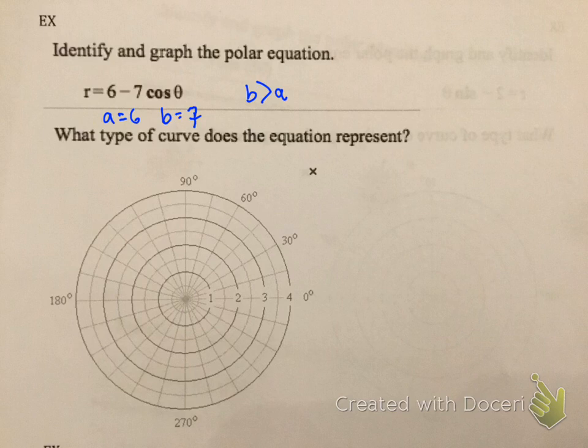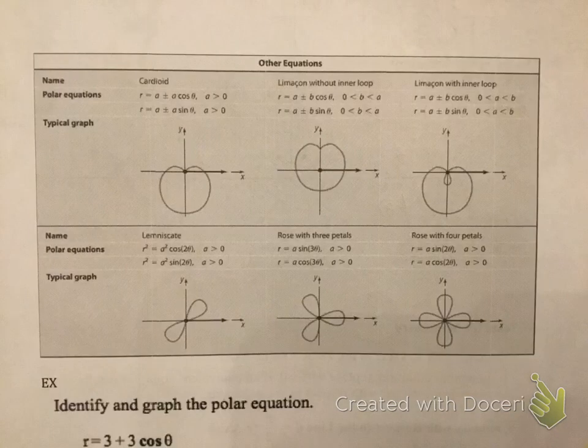So if you have a negative radius, remember you have to plot the positive point, but then move it 180 degrees. And if you don't know how to do that, please rewatch 10.1. Okay? So once again, this one I want you to do on your own, and I want to see you plot the points, figure out what they are, so I know that you know what you're doing.